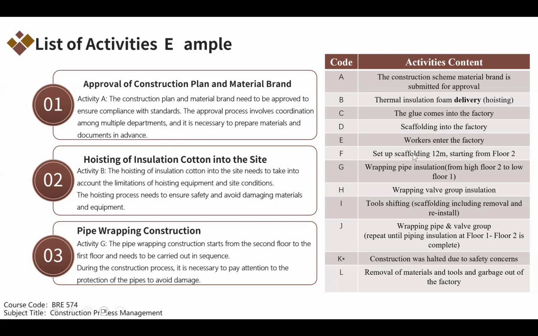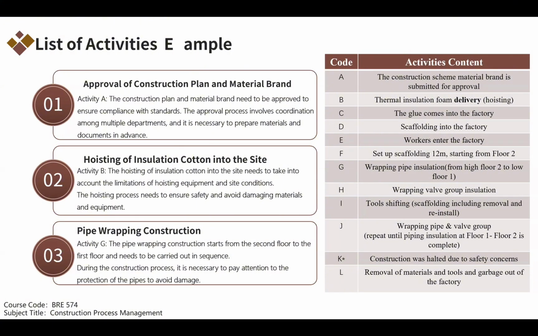Activity F is setting up the scaffolding, starting from the second floor. Activity G is about wrapping the pipe insulation from high from 2 to low from 1. Then we wrap the valve group insulation. After that, we shift the tools.